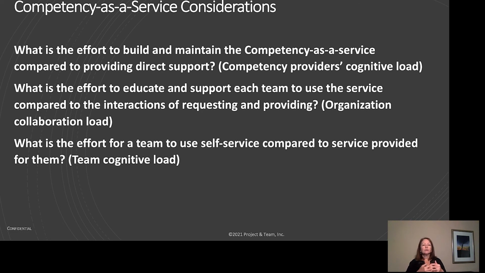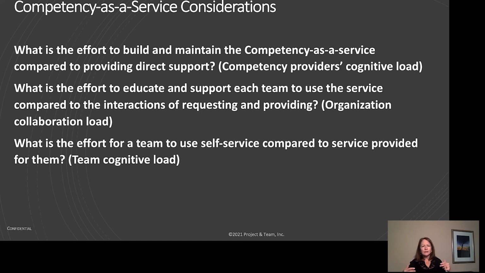So that is the effort to get to this competency as a service element. How much time do we have to spend working together for learning the competency as a service versus the effort of having the complicated subsystem team just provide it on demand. And then lastly, what is the effort once they learn this competency as a service?